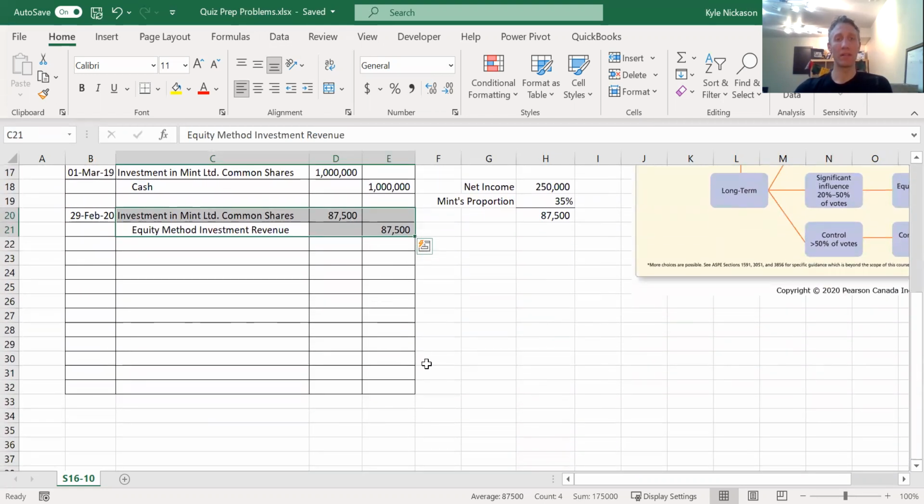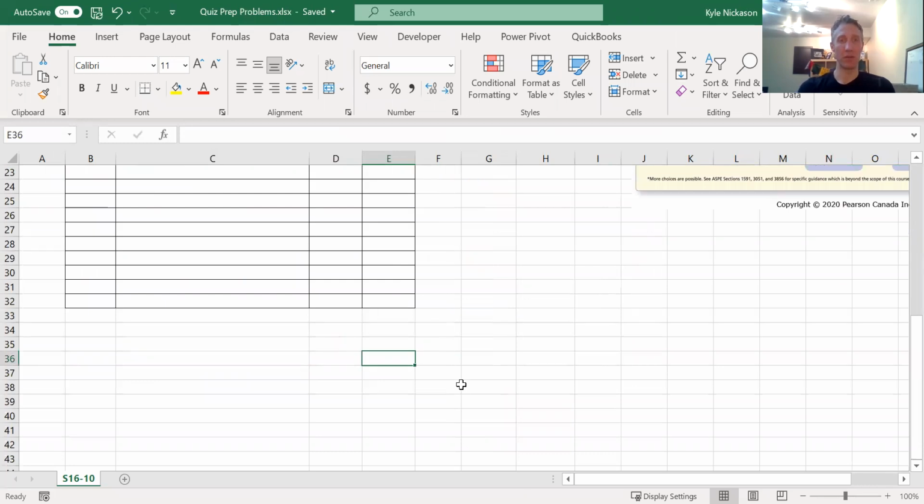Well, let's look at the fundamental accounting equation. The fundamental accounting equation is assets equals liabilities plus equity. That's owner's equity if it's a proprietorship, shareholders' equity if it's a corporation. We're dealing with a corporation here, so this is going to be shareholders' equity.